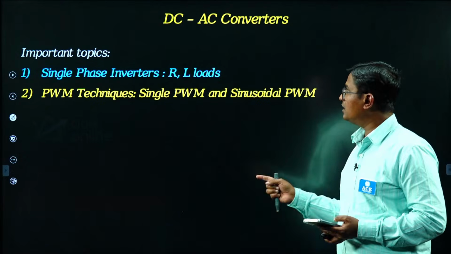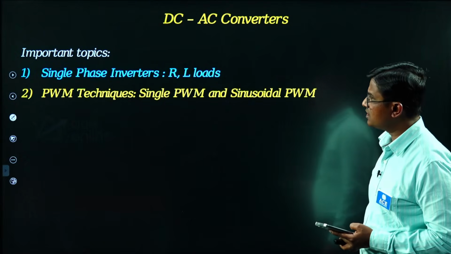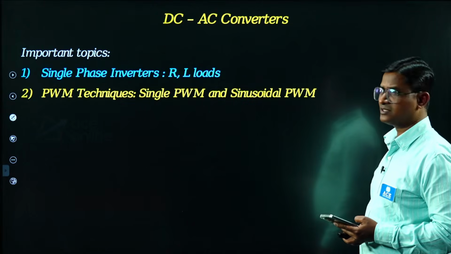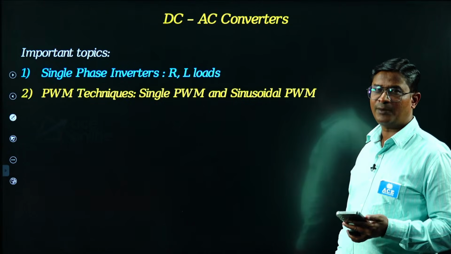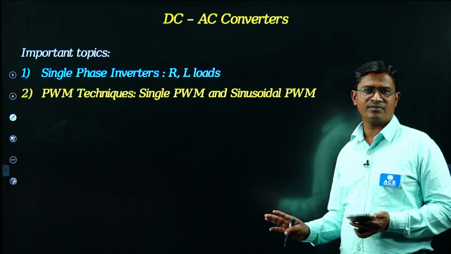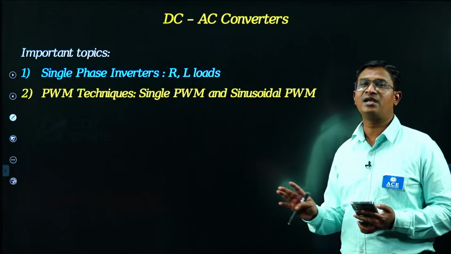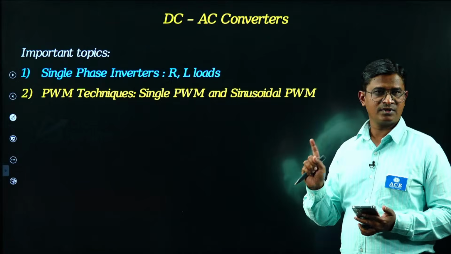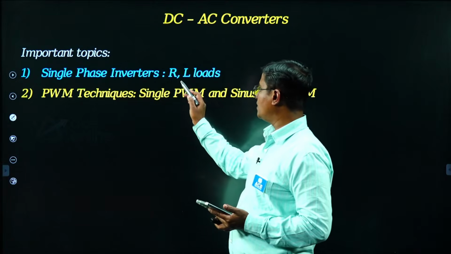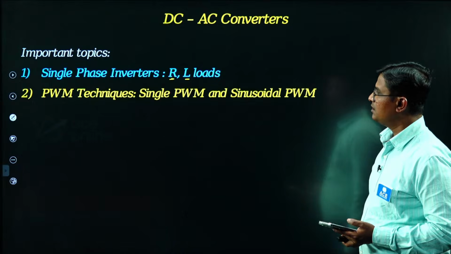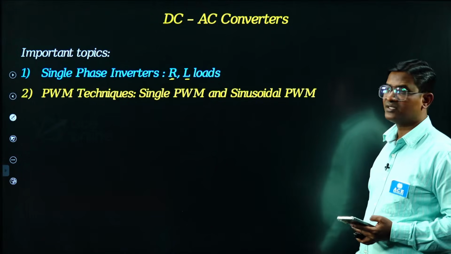In inverters, that is DC to AC converters, the important topics are single phase inverters, in that R load and purely inductive load. In GATE and ESE prelims, they have not asked questions on RL load; they have asked only on purely resistive and purely inductive. Next is pulse width modulation techniques.